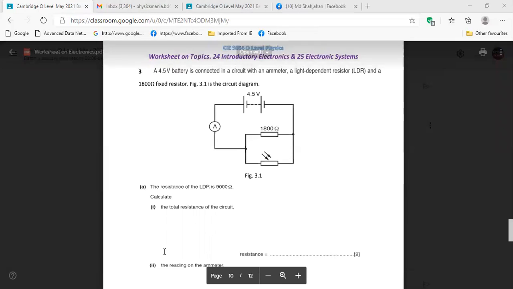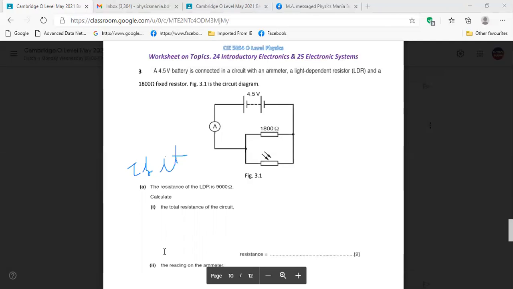Yes, so the total resistance of the circuit, how will you get it? RP, you will get RP. So it is also done, right? There we calculated. You see the calculation, in our last class also we did a similar question, right?